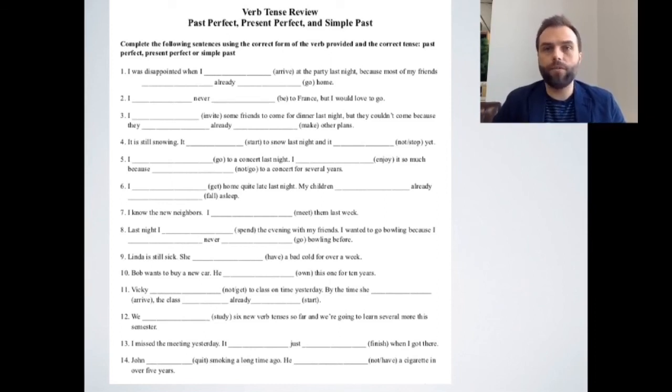So here's an example of a worksheet that compares past perfect, present perfect, and simple past. So depending on the types of students you have, how much support they need, how much time you have as well, you could also include worksheets and extra practice in those example lessons.